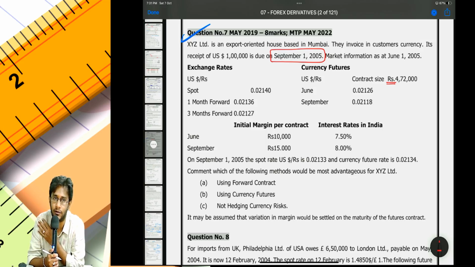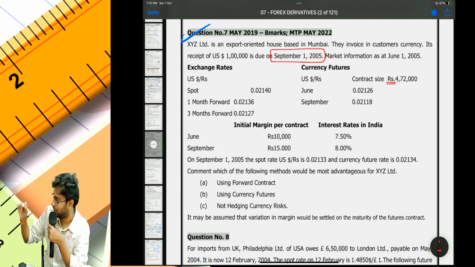So which one will you take? Obviously the September futures. Why will I take June futures? If I take June futures, it will expire in the current month only, and July and August I will remain unhedged. If you take September futures, it will expire at September ending, but I want hedging up to 1st September. So what will you do? You will exit on 1st September. Ultimately hedging is provided or not.